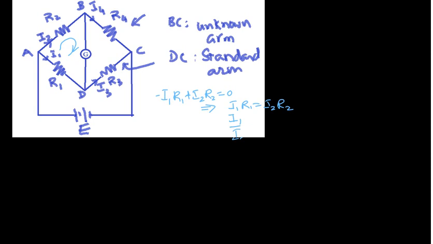The next one, we apply the same thing to this loop. Again, this direction and the I3 direction are opposite.